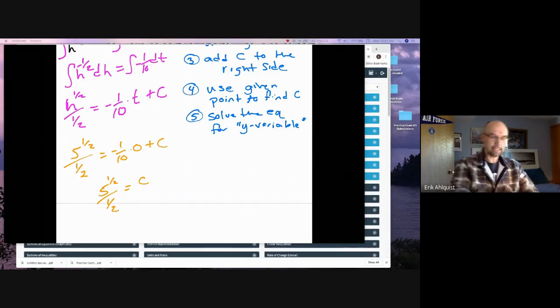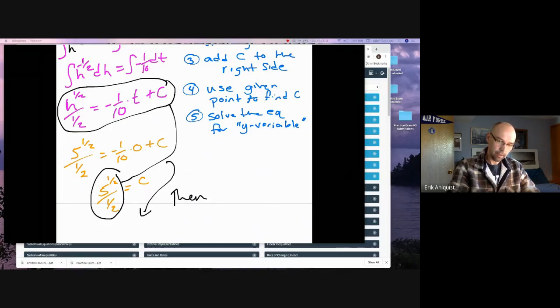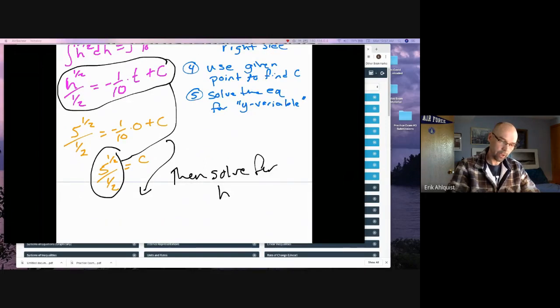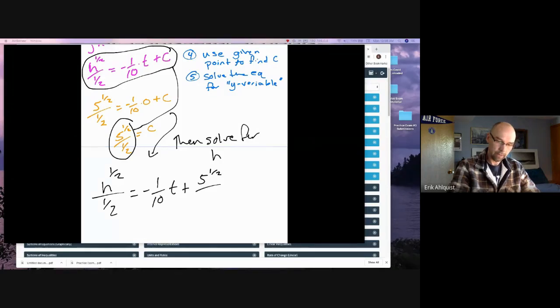So now this last step is going to be to take this equation and this constant, put those things together, then solve for h. So we now have this equation. We have h to the 1/2 divided by 1/2 is equal to -1/10 times t plus 5 to the 1/2 divided by 1/2.